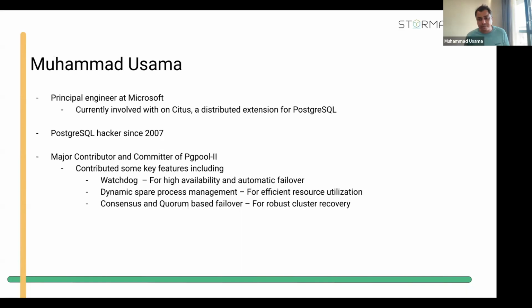Since then, I never looked back. I'm working on Postgres and related technologies, and along with that, I'm also a major contributor and committer of Pgpool. I've contributed some key features, including Watchdog, which is the high availability component, dynamic spare process management, and consensus and quorum-based failover. So yeah, that's pretty much about me.